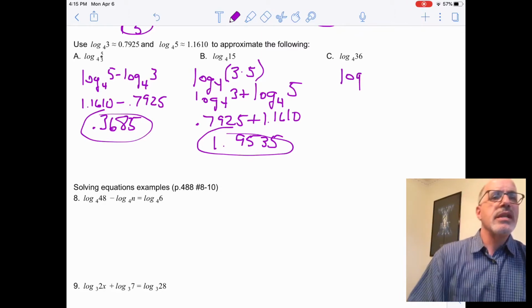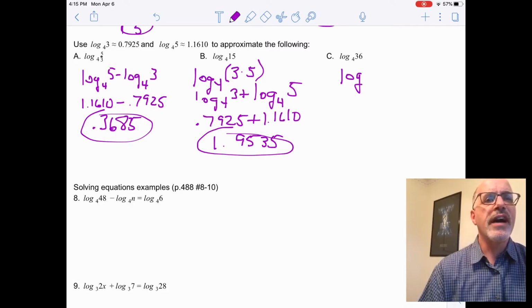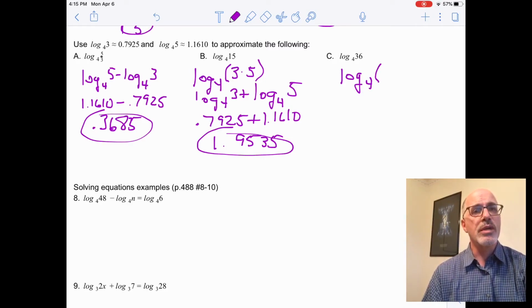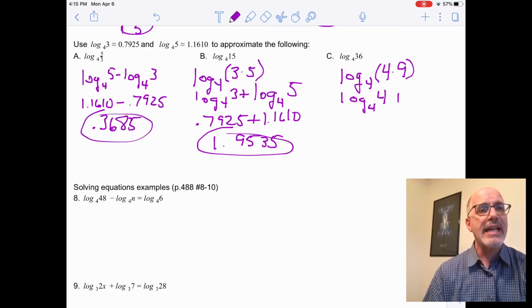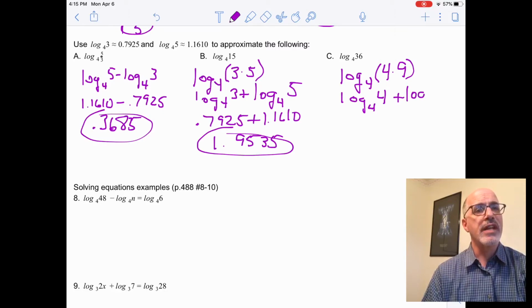Now this last one, 36 doesn't use the 5, but it does use a 3, and let's apply it to 4. Since it's log base 4, let's use a 4 in the problem. So 4 times 9, because log base 4 of 4 added to log base 4 of 9, that 9 is the same thing as 3 squared.